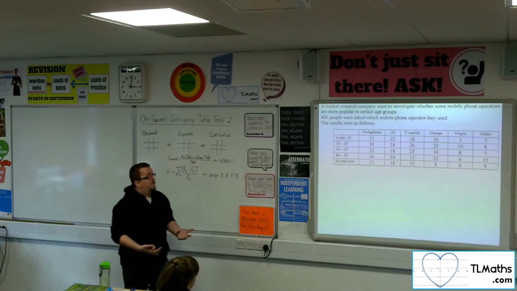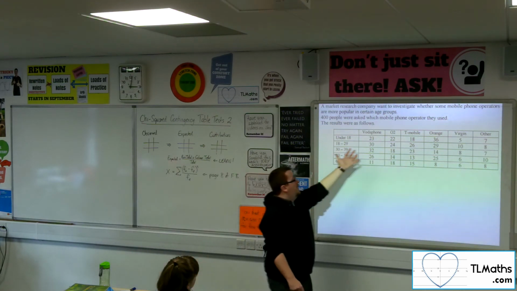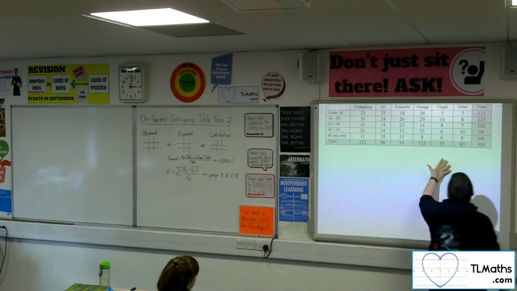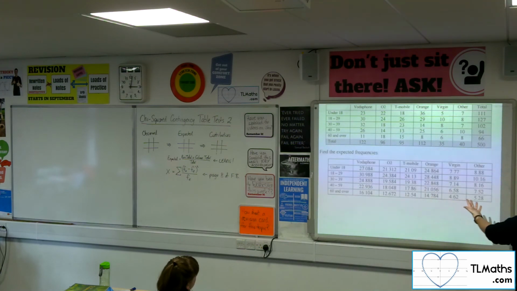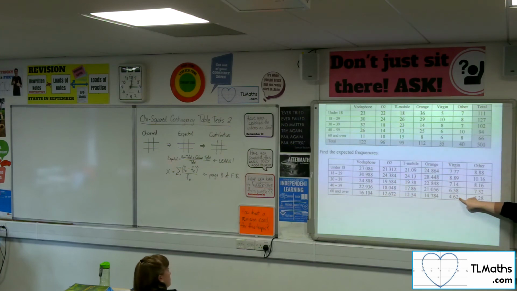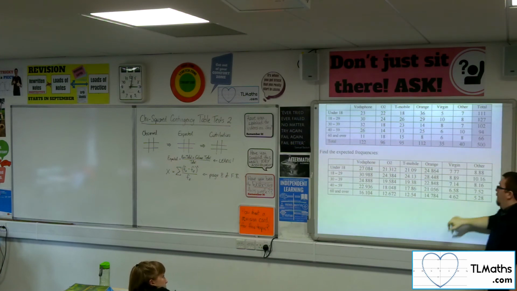So that could happen. In this example, there's nothing wrong with this data until you get the expected frequencies. And there is one expected frequency here that is less than 5: 60 and over uses Virgin.